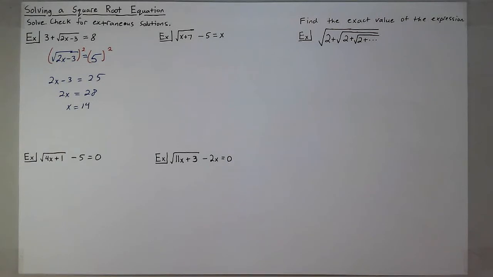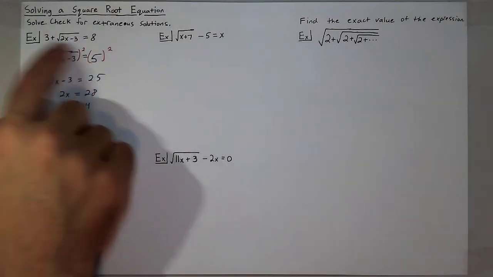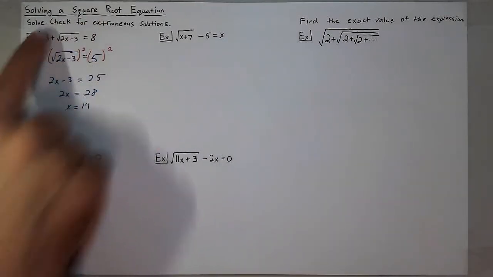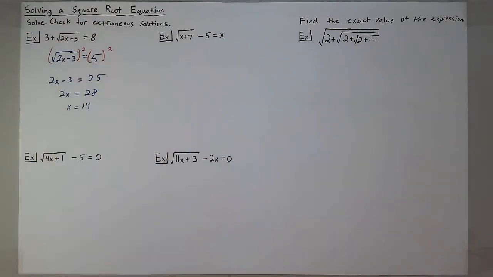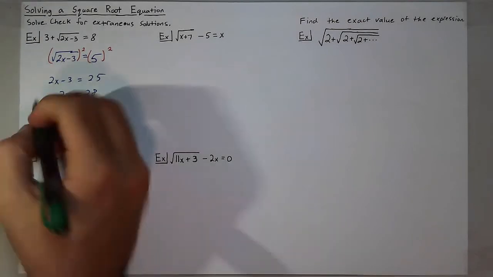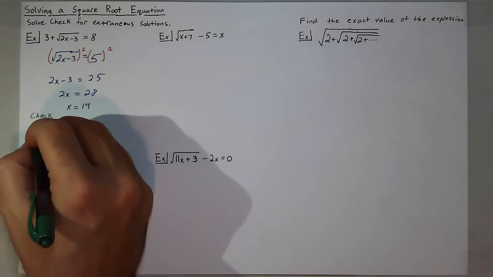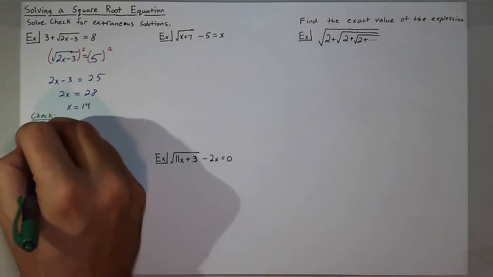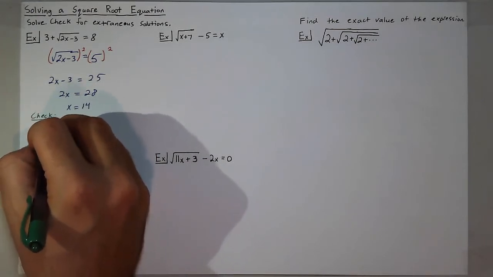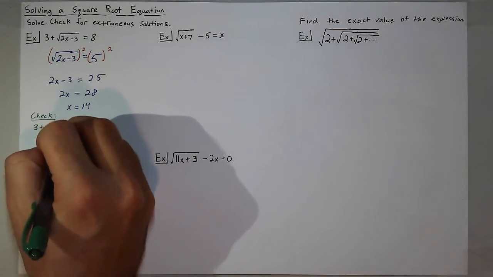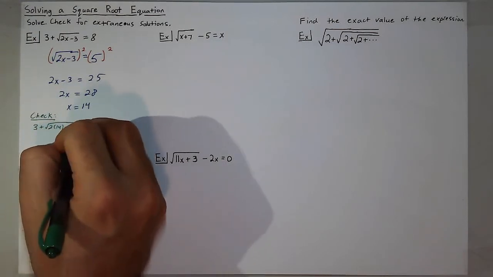The best way to make sure that this does work is just to plug it in and see if it is a correct statement when you replace x with 14. So my check, it would be 3 plus the square root of 2 times 14 minus 3.